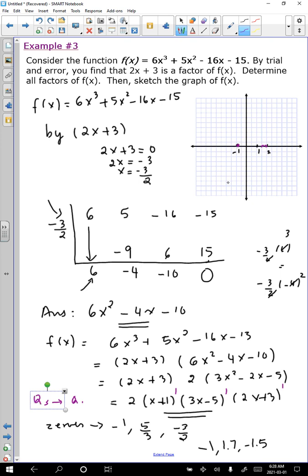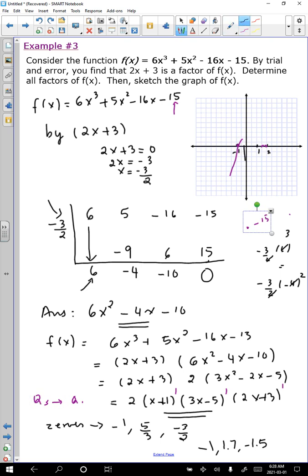So it's going to cross, and even this, we can see that there is a y-intercept of negative 15. So let's say somewhere down here on this line you have negative 15. It's not to scale because it's way down.